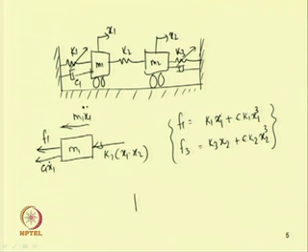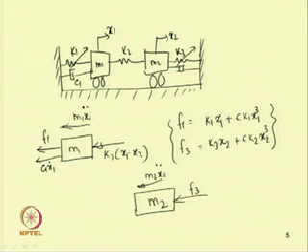Similarly, we can write the equation of motion of the second mass, M2. As it is moving towards right, the inertia force will act towards left, that is M2 x2 double dot, and then the other forces. This is F3, the nonlinear spring force, and the damping force C3 x2 dot.